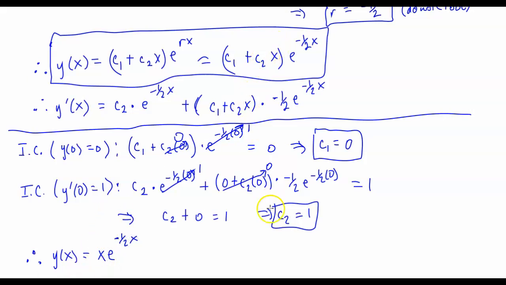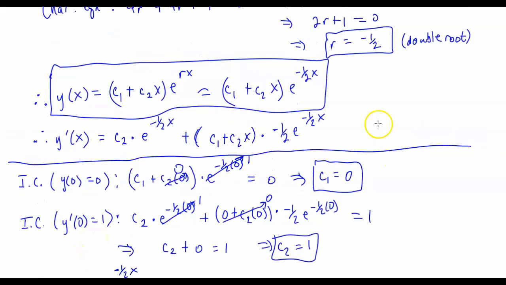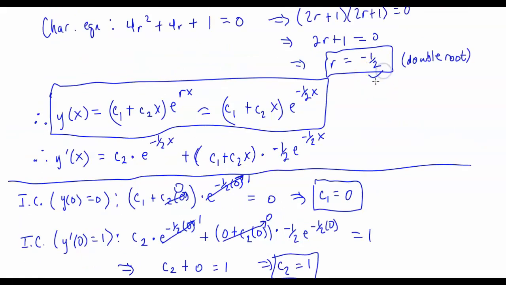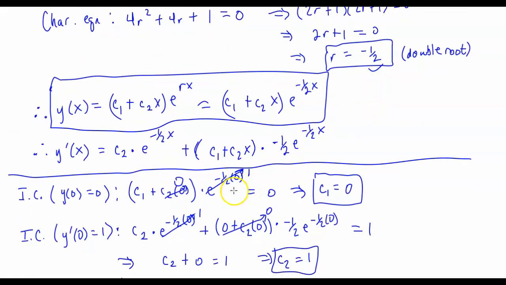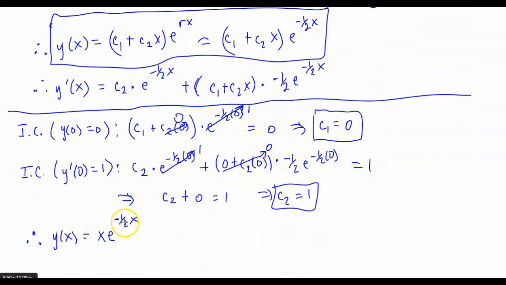And of course, since C2 is 1, a 1 would be right here next to the x. 1 times x is x, so that's why I didn't write a number there. And remember that the root for our characteristic equation is minus 1/2, so that's why we have the minus 1/2 up here in the exponent.